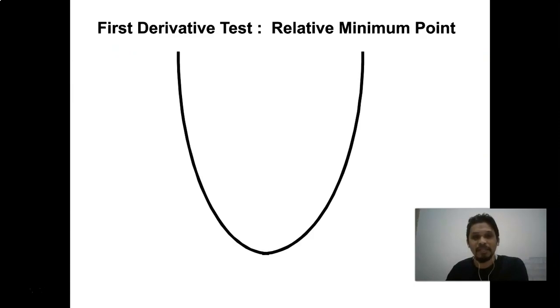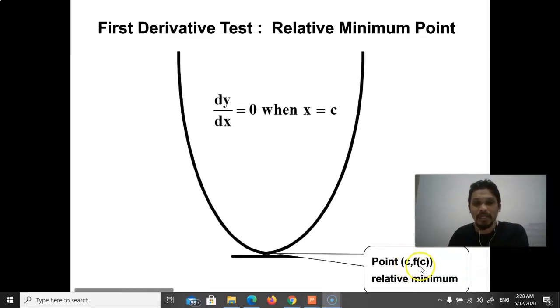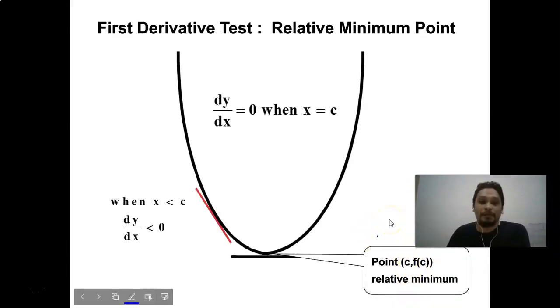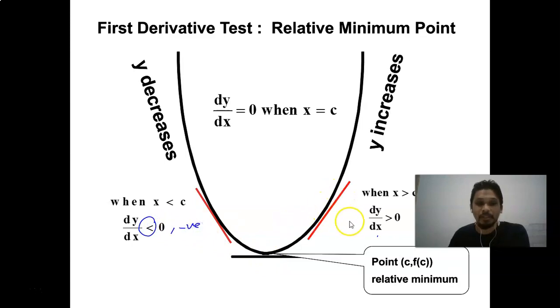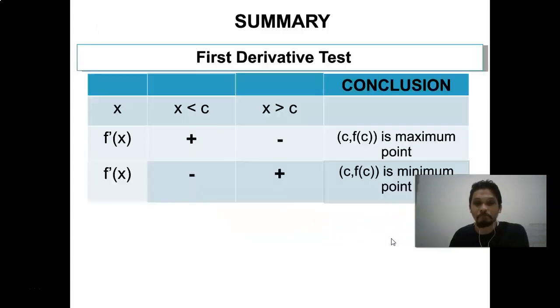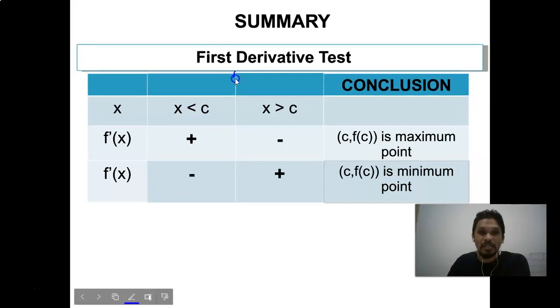First derivative test, relative minimum point, just like the previous one, for a point c and f(c) relative minimum. Before this point dy/dx is less than 0, or negative, and after it dy/dx is greater than 0, or positive. So let's say this is the border of x equals c.